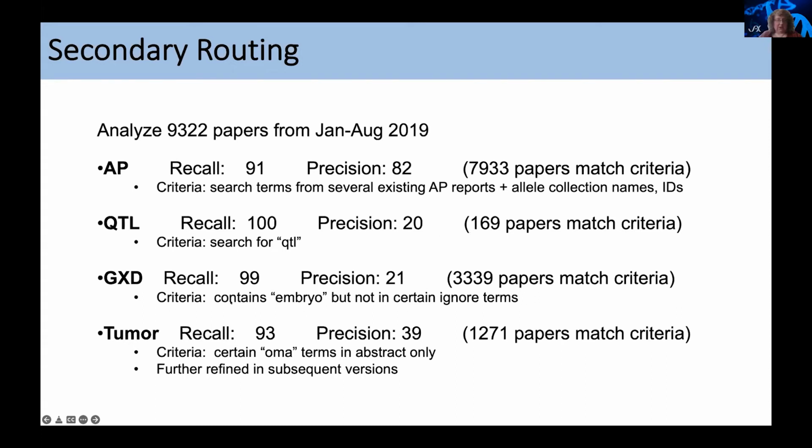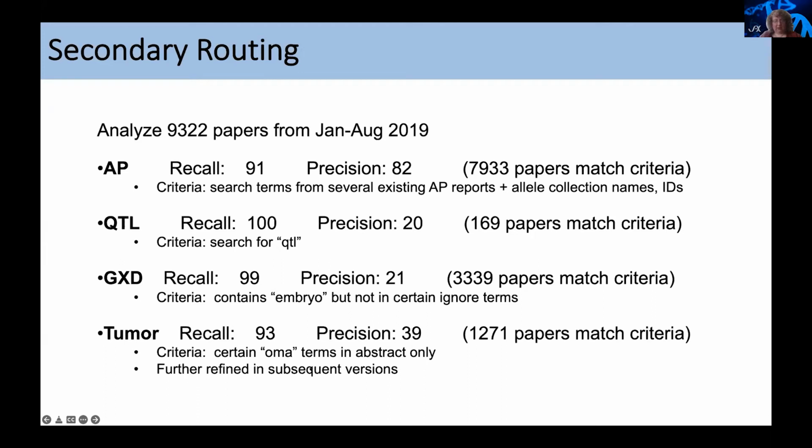Similar for gene expression database, initially the recall was very good, but the precision was not, and some adjustments were made to the keywords that were used in this secondary routing. And similarly for the tumor database, the recall was good, but again, the precision was not great.